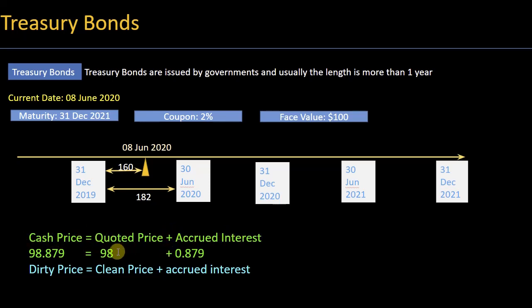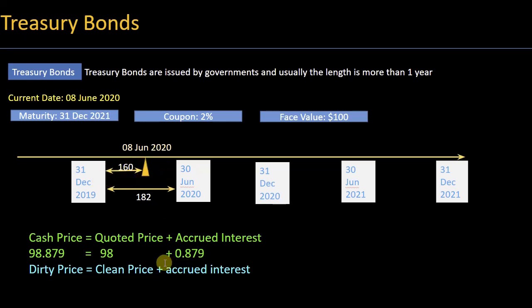Now, in this case, let's assume the quoted price was $98. This same bond, let's assume that on the 8th of June, this bond is quoted at $98. Now, if you want to sell this bond to someone, you do not sell it at $98. You need to calculate the cash price. Remember, we said for the cash price, we need to add the accrued interest, because some interest has been accruing from the last coupon date.